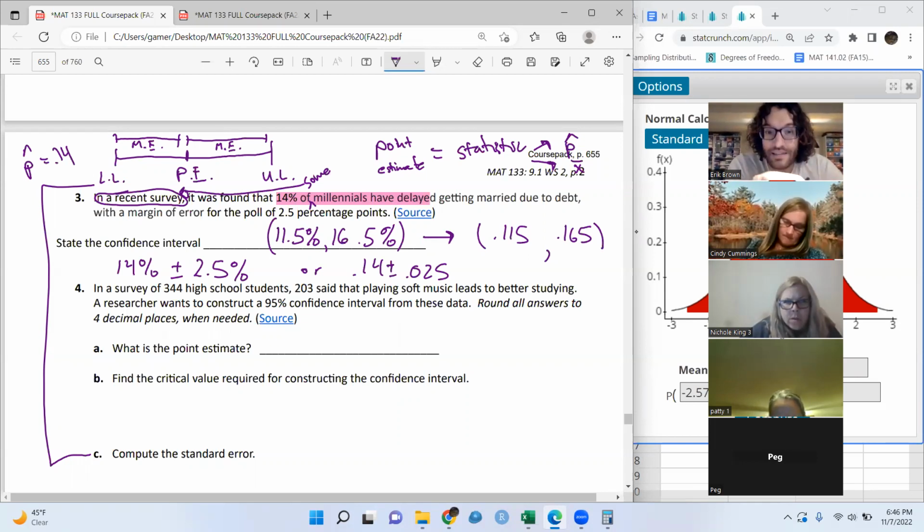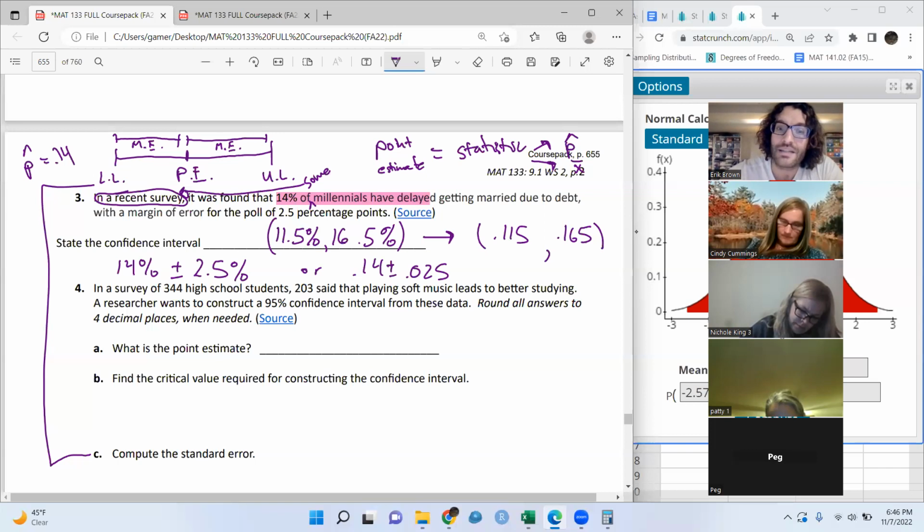So what this means is, in our sample, 14% of millennials said, hey, we're not going to get married because we've got too much debt. But if we're wanting to apply that 14% to all millennials, what we would say is, our best guess is that 14% of all millennials are delaying marriage due to their debt, presumably credit card or student loans.